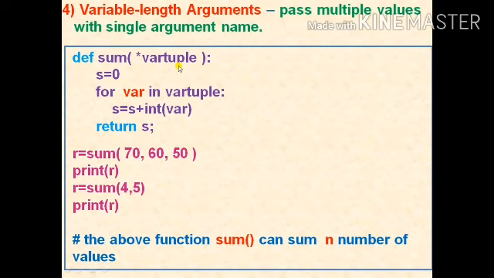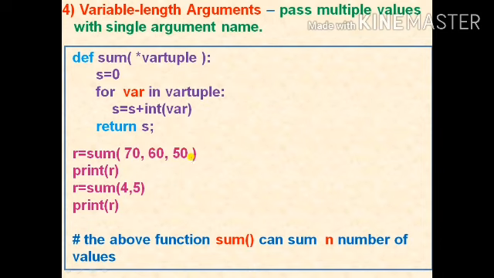Here parameters are unlimited. It is not limited to a number of values. Whatever tuple, list or collection of values has been supplied to that function, it will work on it. Either 3, 4, 5 or 2 values, at least 2 values must be there, but the maximum is not limited.